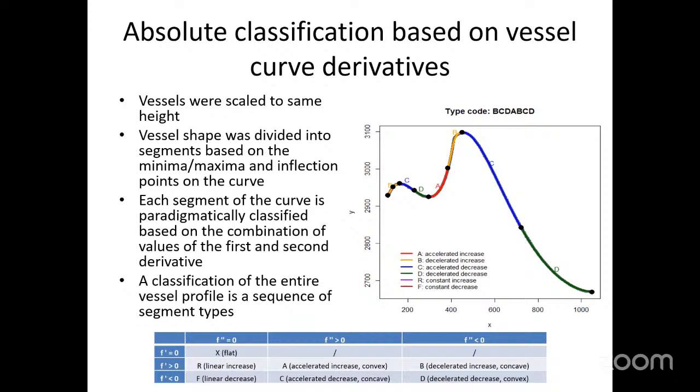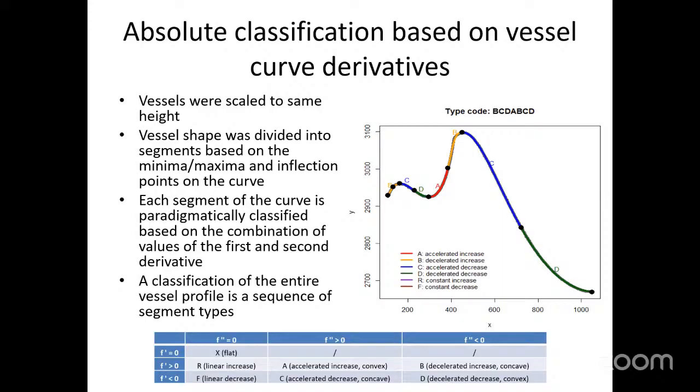So we came up with this, and it's very simple, because we can characterize each of the vessel profile segments in terms of the combination of the first and second derivative. We can classify it and give it a letter code. When you put all these letter codes, signifying the type of the segment according to the combination of the first and second derivative, into a sequence, you get a definition of a type.